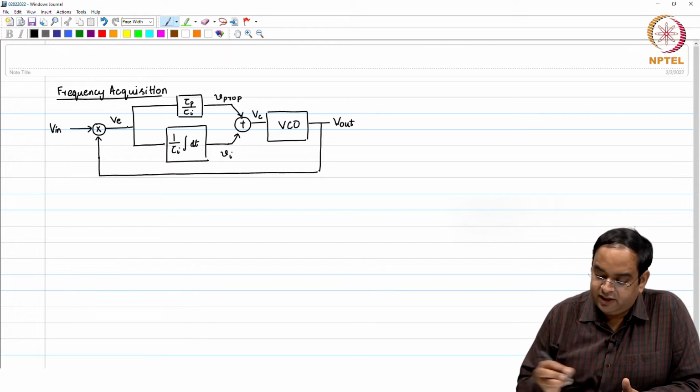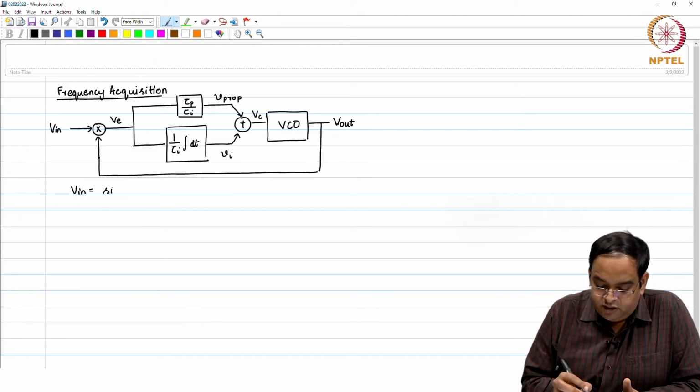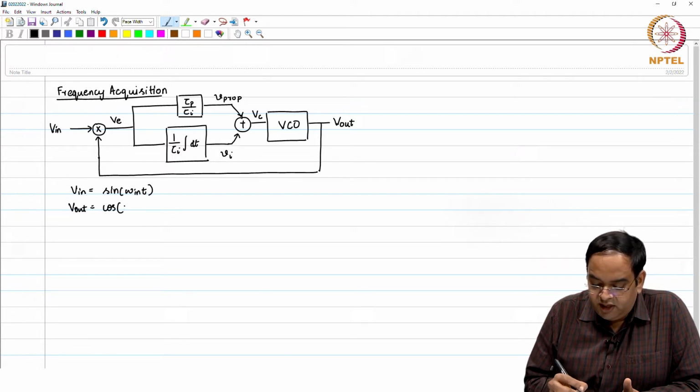In this particular example we have V in as sine of omega in t and V out as cosine of omega out t.